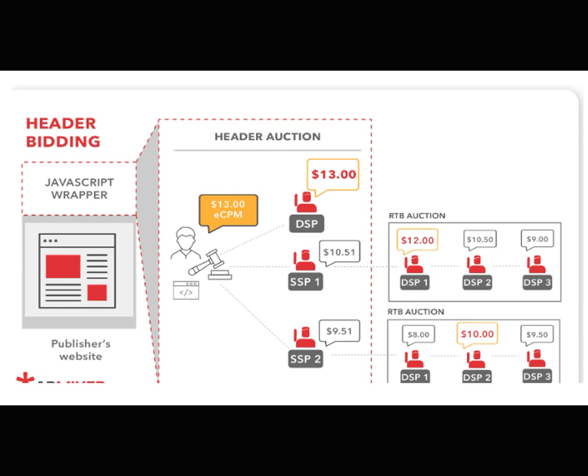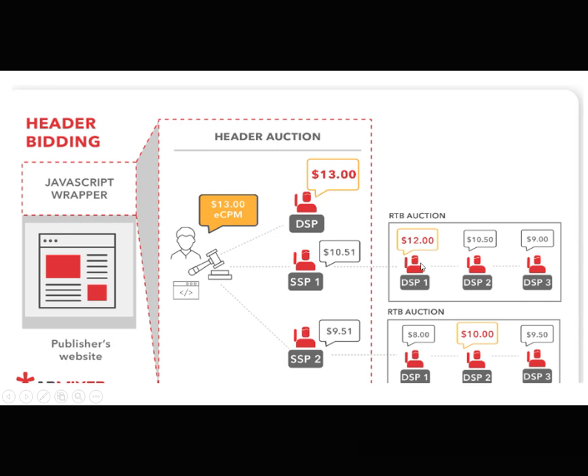This is the figurative explanation of header bidding. This is the JavaScript wrapper which is placed in the header section of the website, and there are bidders. The highest bidder is at $13 eCPM, received through a DSP via header bidding. Then there is an SSP which has given us a bid of 10.51, and another SSP at 9.51.